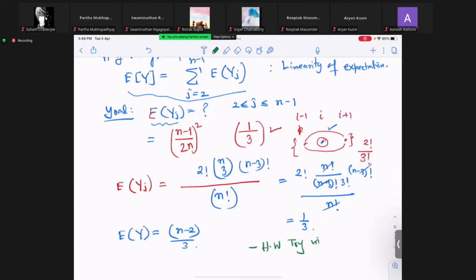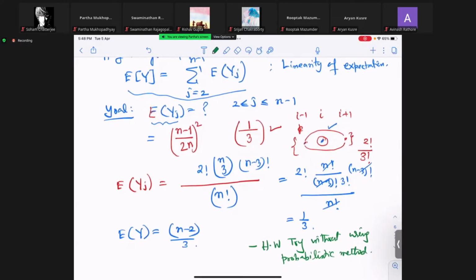Try without using the probabilistic method. You will see the difficulty, and why the probabilistic method makes your life very simple.